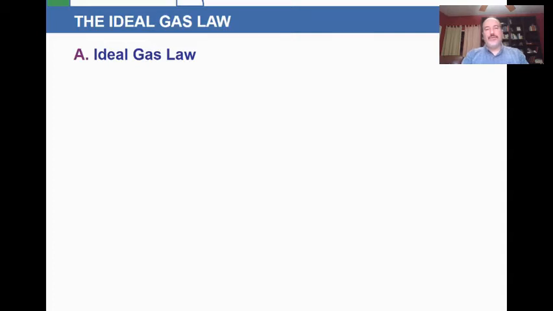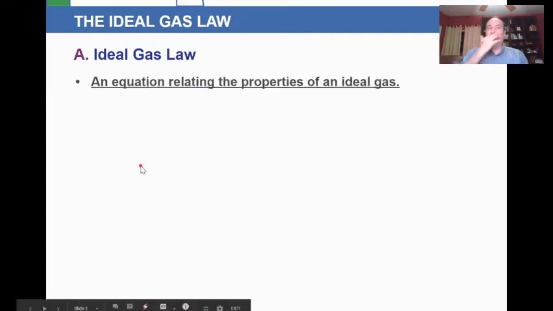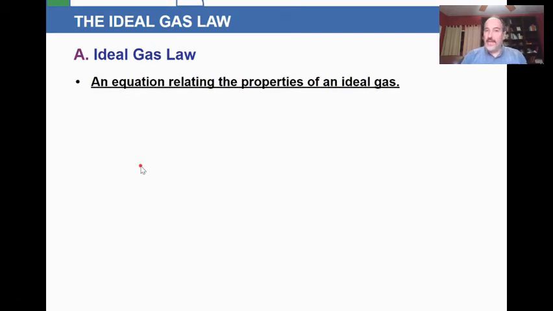Hi. Today we're going to talk about the fifth and final gas law that you need to know about, and that is the ideal gas law. The ideal gas law is basically an equation that relates all of the properties of an ideal gas.